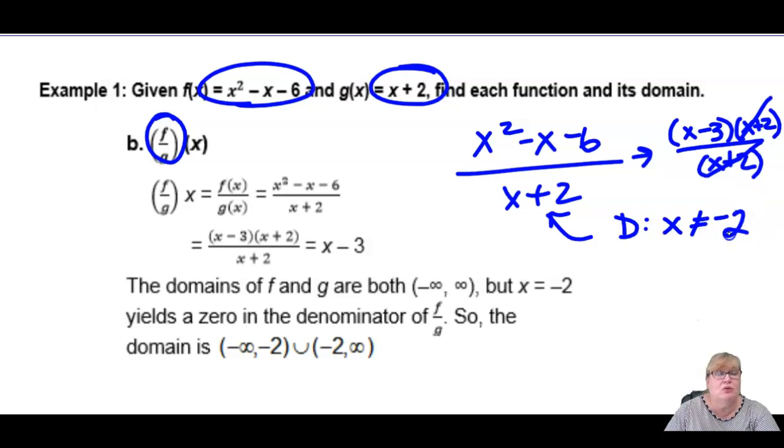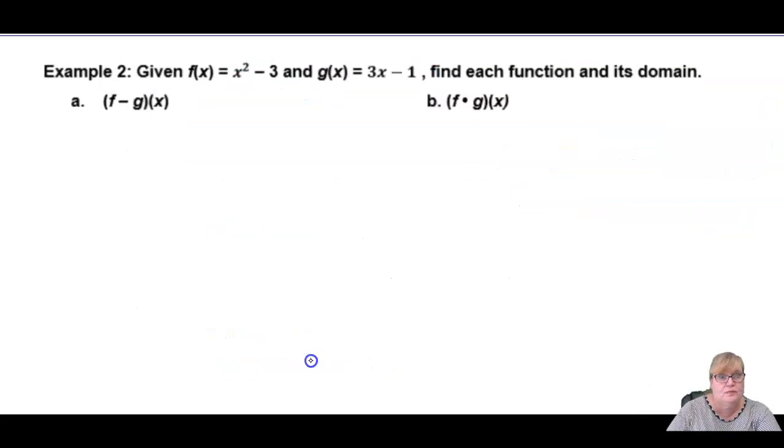It would actually be a hole or removable discontinuity. So you have to include that in the domain, okay? Because -2 is not a part of the original f over g, you still have to say it does not exist as part of the domain, even though it reduced out, which won't happen very often.